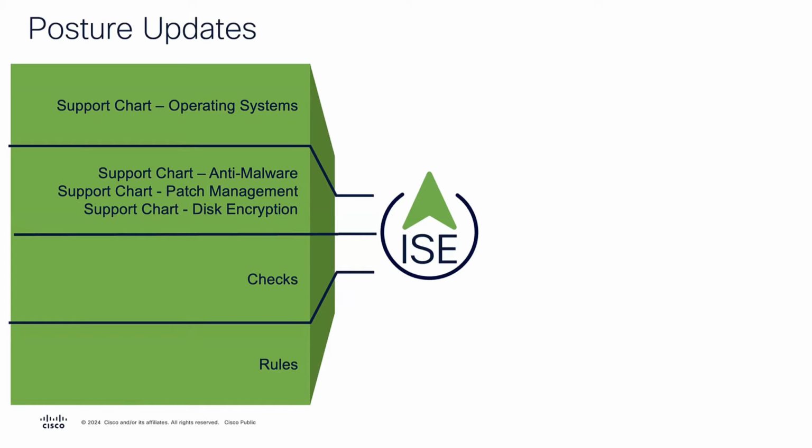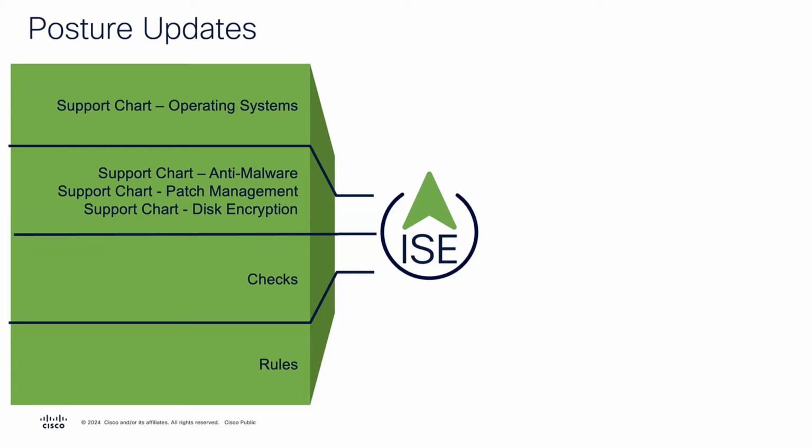I want to look at the Windows operating system, Windows 11, for a specific anti-malware such as Symantec anti-malware, for a specific version of Symantec anti-malware. Well, ISE has to maintain such a support chart of operating systems, anti-malwares, patch management systems, even disk encryptions, so on and so forth.